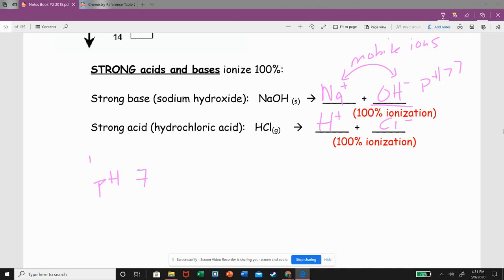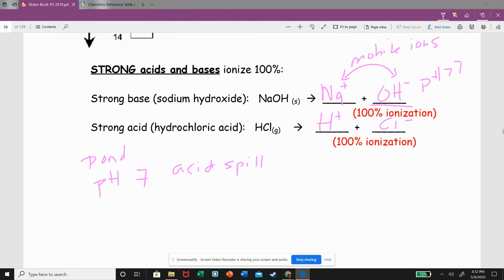So if I have a pond, I like ponds, they're pretty. And I have a pH of 7 in my pond because it's a very beautiful, pristine, clean pond. It's the best pond, the greatest pond there ever was. And oh my goodness, what happened? There's an acid spill into the pond. Somebody drove off the road in a truck full of acid.